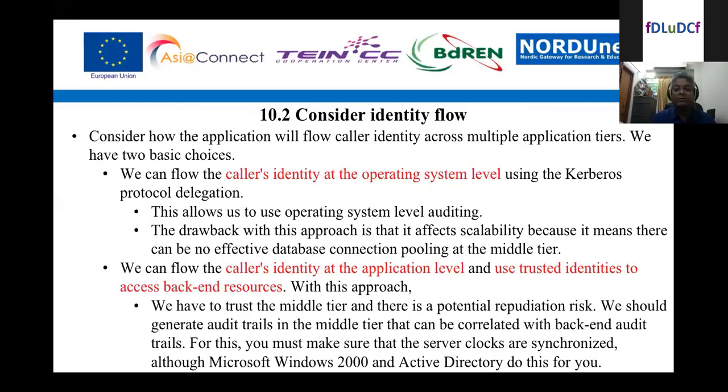If you go to the operating system level, this will allow us operating system level auditing. The drawback with this approach is that it affects the scalability. And if you do the application level, use trusted identity to access the backend resource.